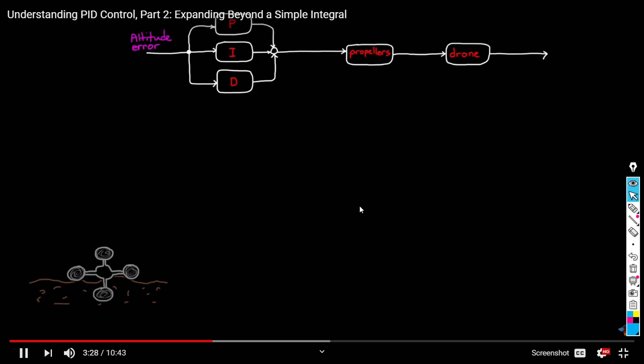The altitude error goes through the 3 PID branches and then sums together to get a propeller command. So this is a simple system. You have a drone, and this is a system. They separate the actuator from the plant, from the drone, and simply the actuator is the propellers, or if you wish, the DC motor here.